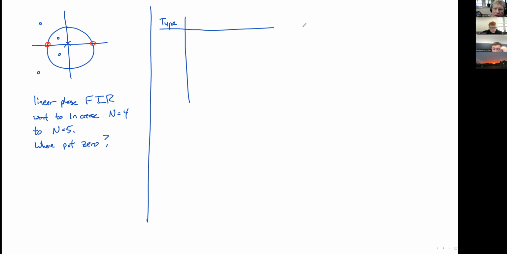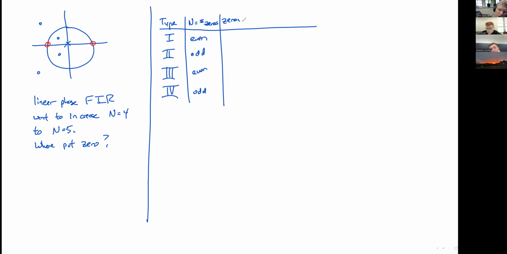If you've got an existing type 1, 2, 3, or 4 filter, meaning that your N, your filter order, which is the same thing as the number of zeros, is going to be even, odd, even, or odd.